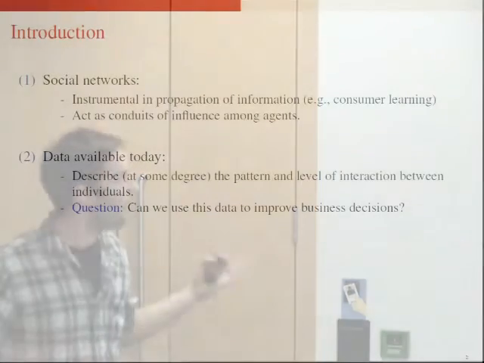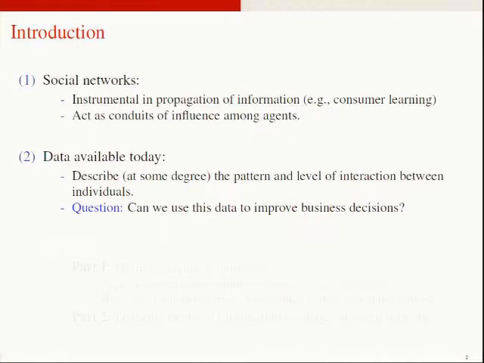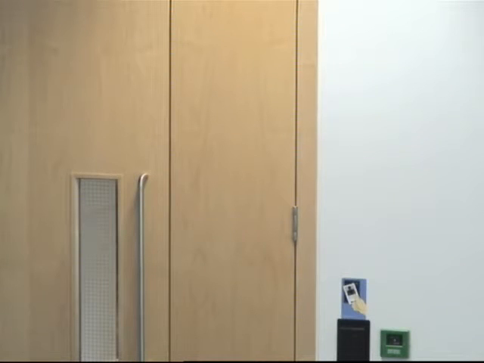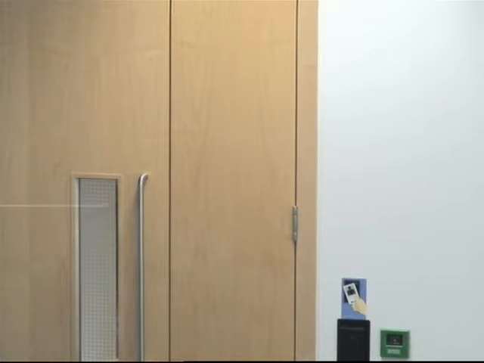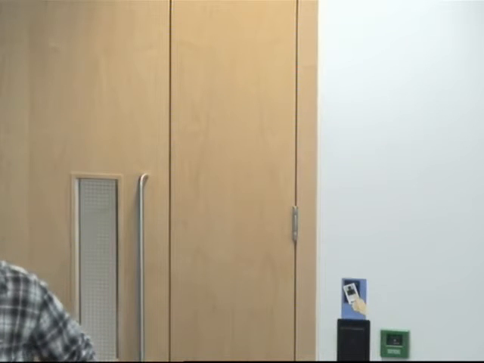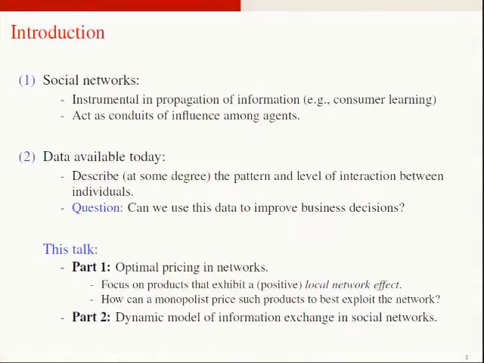And nowadays there is plenty of data available that describes at some level the pattern of interaction among individuals. And the question we want to address here is whether and how businesses can exploit this data to make better decisions. Okay? This talk consists of two parts.